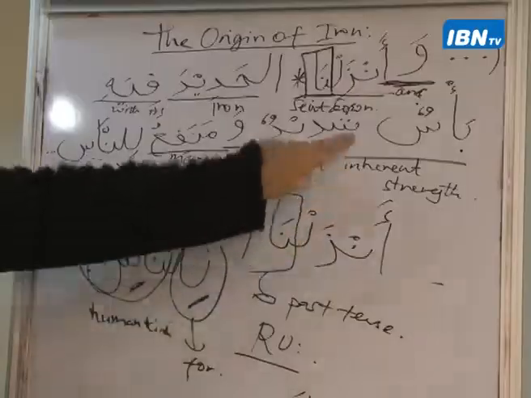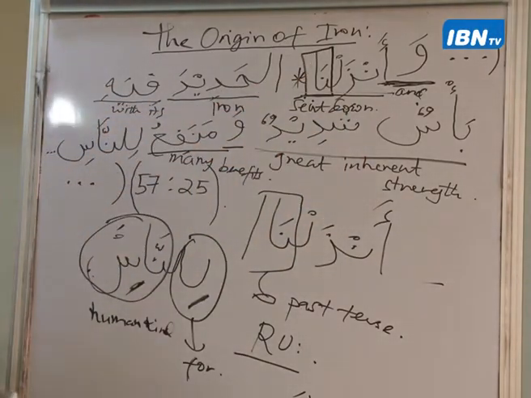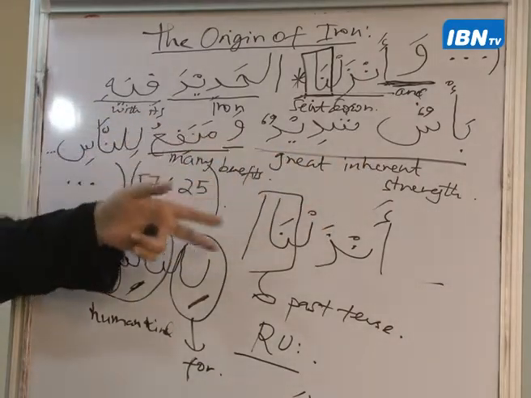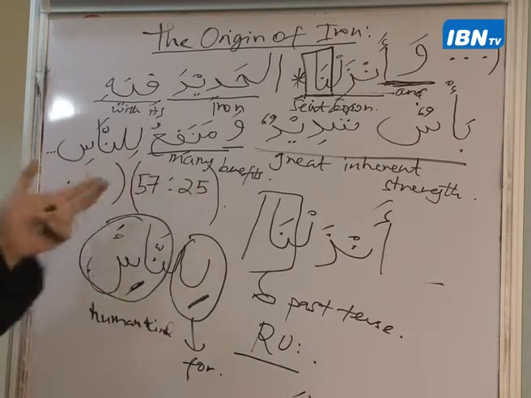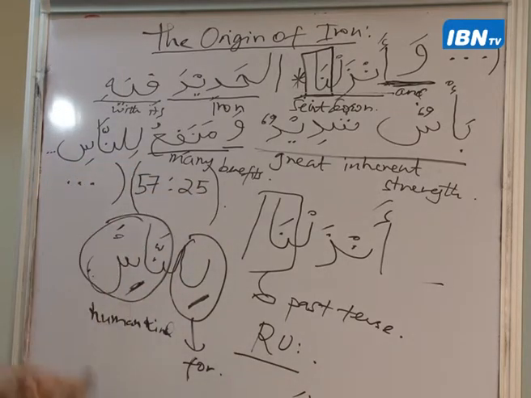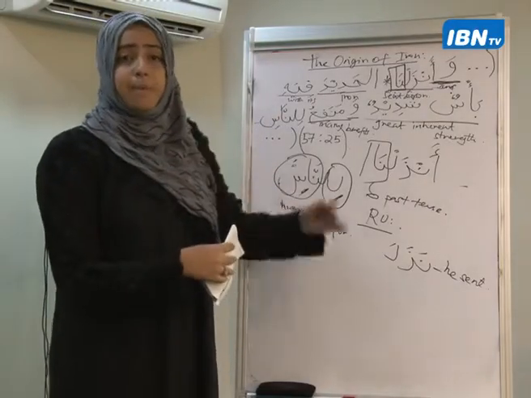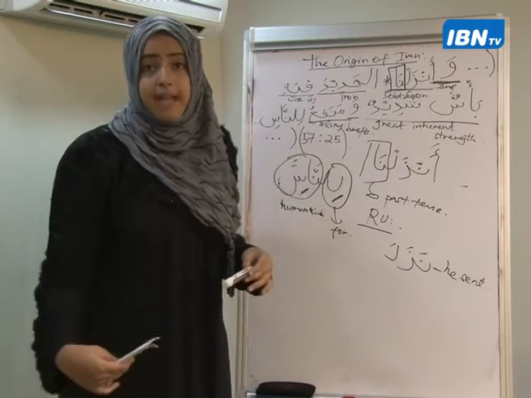So the Quran says, وَأَنزَلْنَا الْحَدِيدَ, and we sent down the iron, فِيهِ بَأْسٌ شَدِيدٌ, with its great inherent strength, وَمَنَافِعُ لِلنَّاسِ, and many benefits for mankind. So this is actually a scientific fact. So if you notice, the Quran has so many scientific facts that have actually been discovered today by scientists.